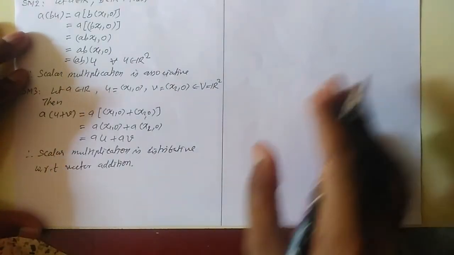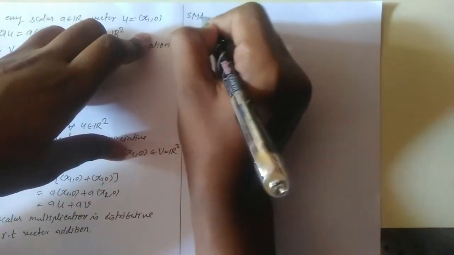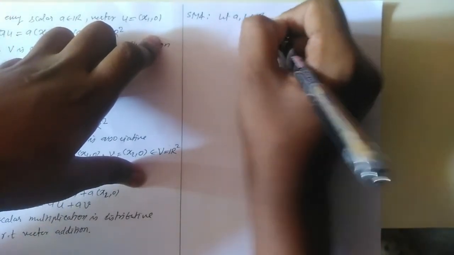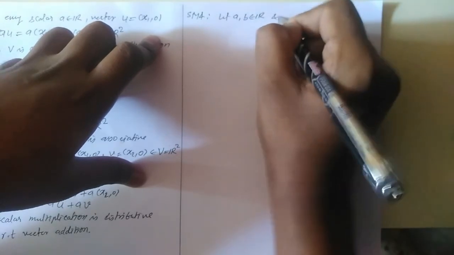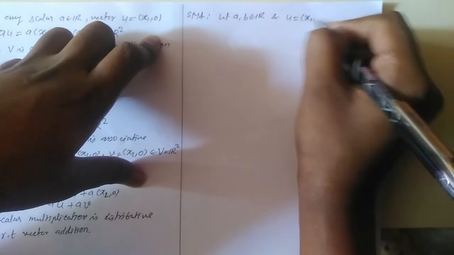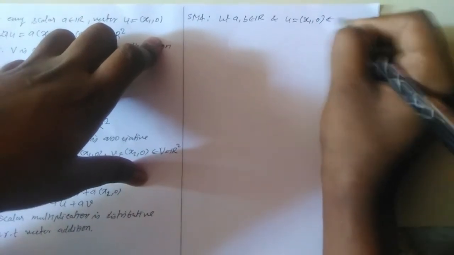Now the next property, SM4. Let a, b belong to R and u = (x1, 0) belong to R2.